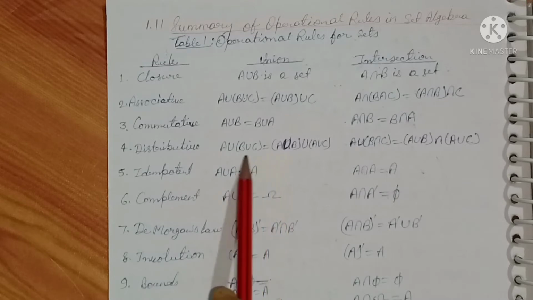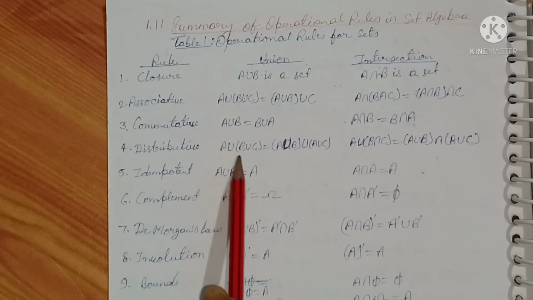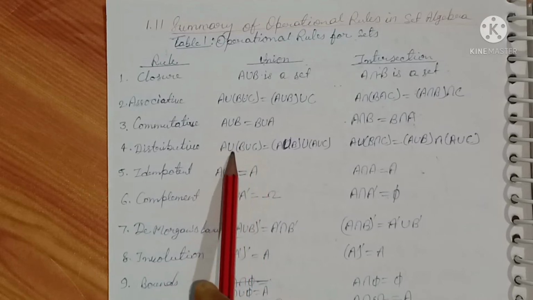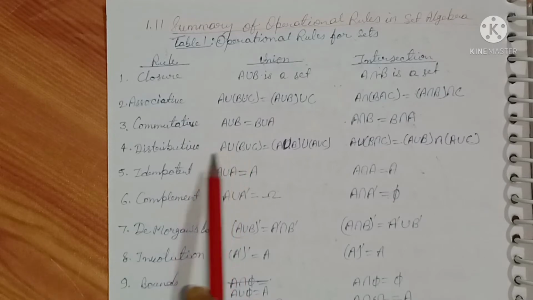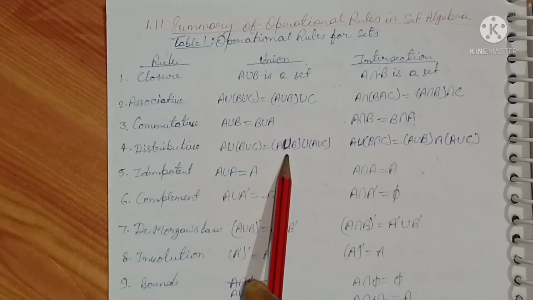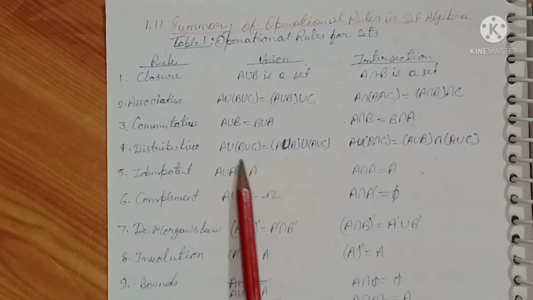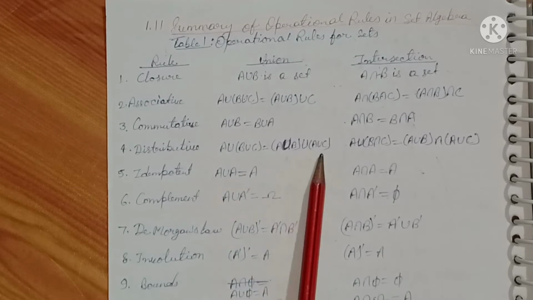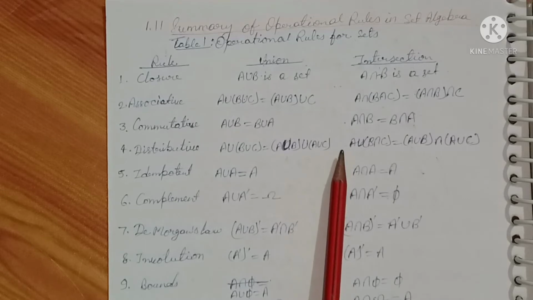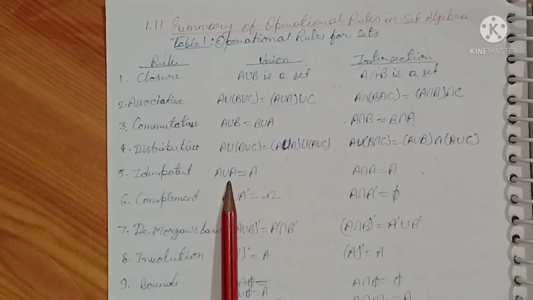In this case, a union, and then inside the bracket b intersection c, we can distribute, so we can write a union b into bracket, and then after that it is given intersection, and inside the bracket a union c. Okay, in the same way it is for the intersection.